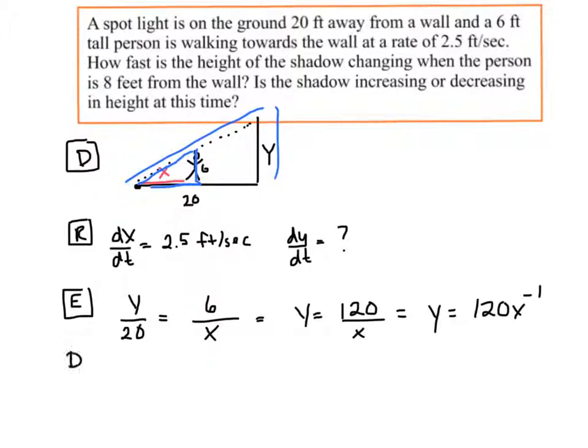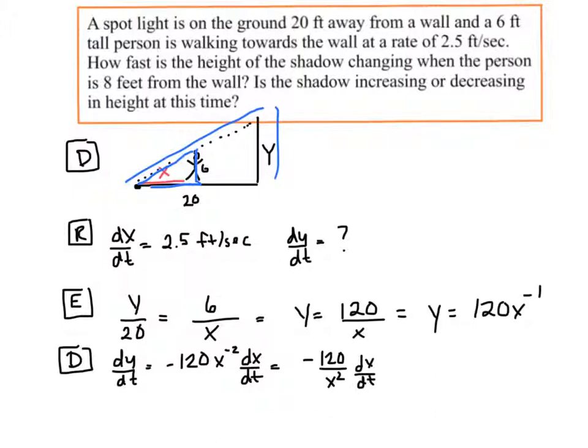All right, so derivative. Well, dy/dt is equal to negative 120 x to the negative second dx/dt. Maybe it'd be easier to write it as negative 120 over x squared dx/dt, like that.